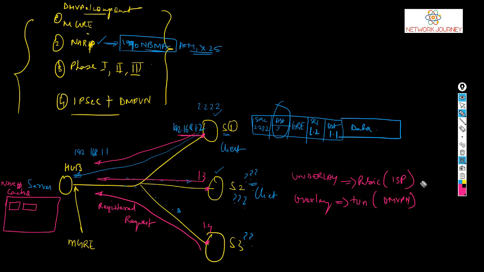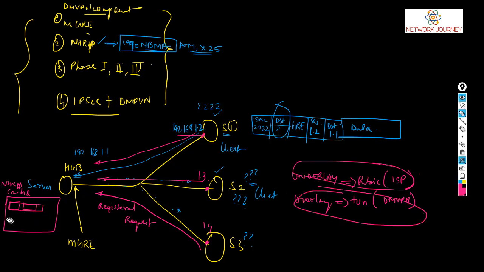So this public IP will be mapped to this private one, and that entry will be collectively made here. So this is for spoke 1, spoke 2 and spoke 3.